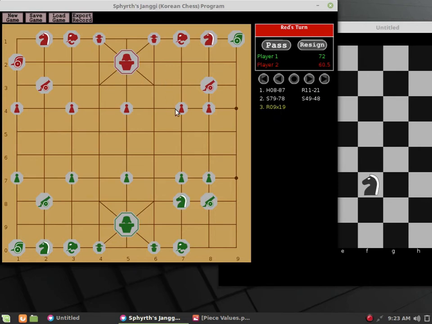Also, see this? This is not indicated on the traditional notation. The checks, checkmates, and things like that. And this is why I am trying to make some sort of a crossing the cultures notation just for me to read it properly.